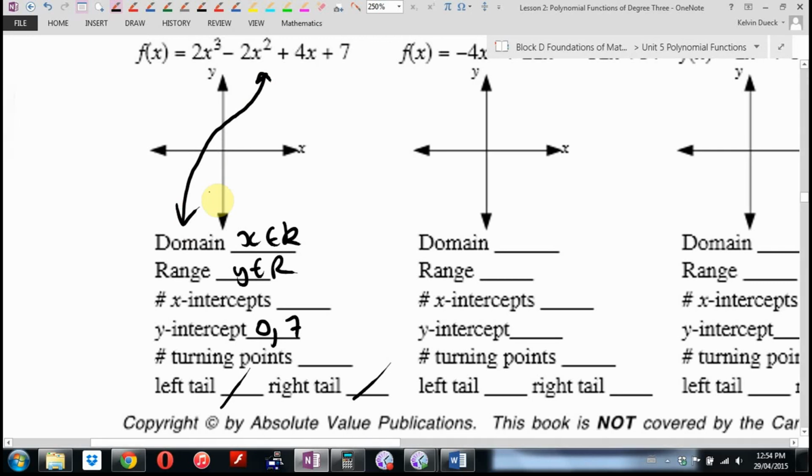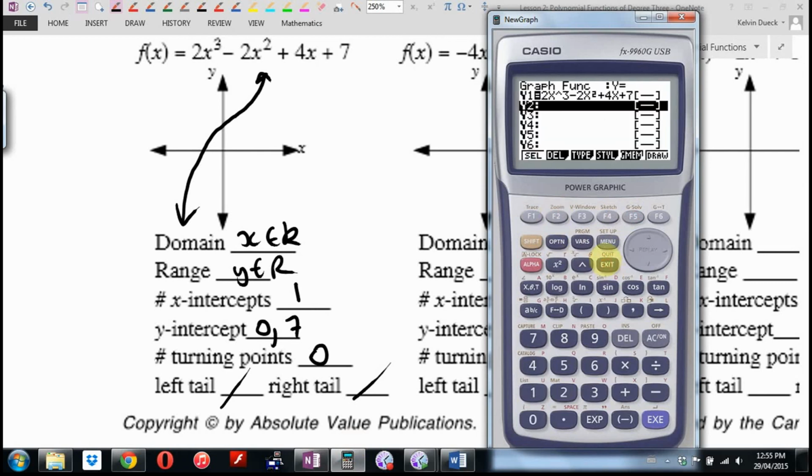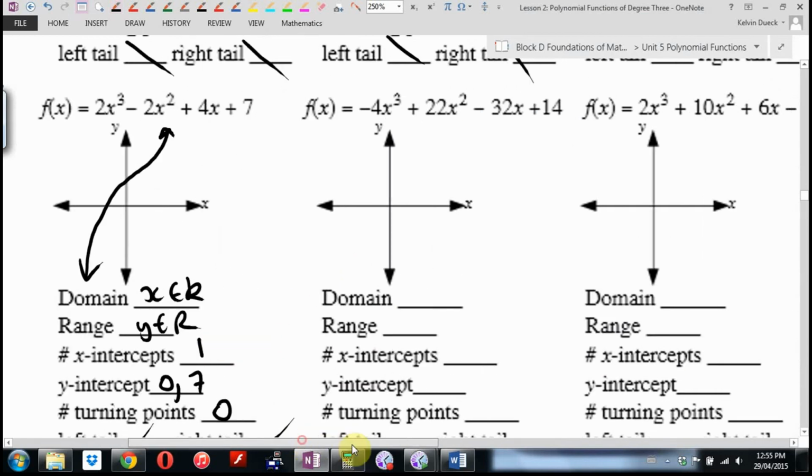Didn't see that coming. How many turning points? Didn't see that coming. No turning points. So on this graph, if you tried finding a maximum or a minimum, can you get an error? Yeah.